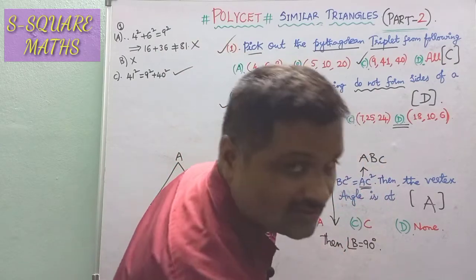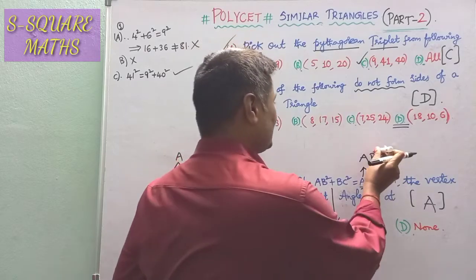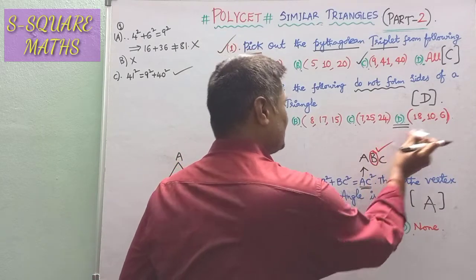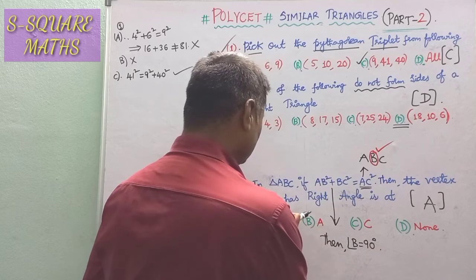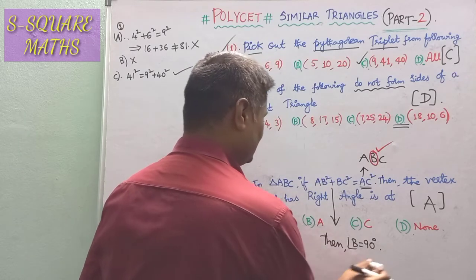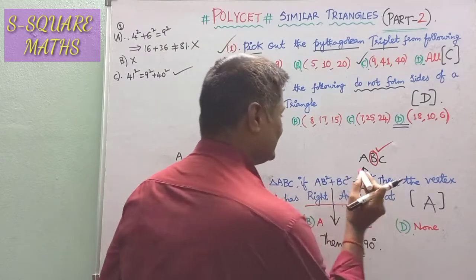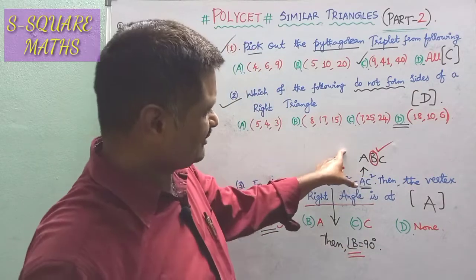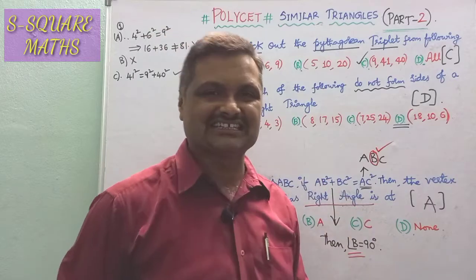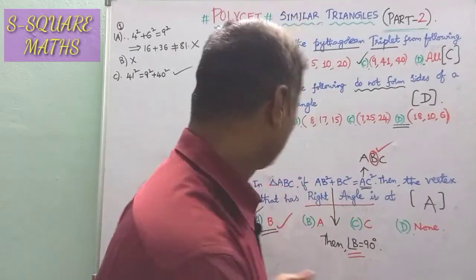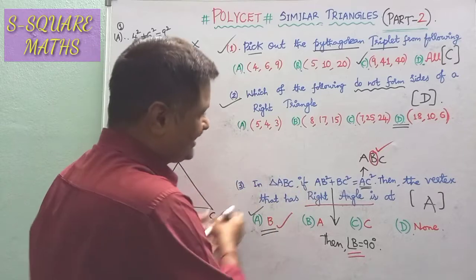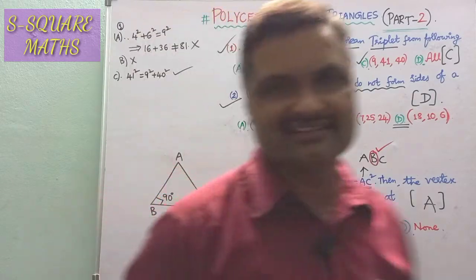The one which is absent will act as the vertex. So here angle B is 90 degrees, then the vertex that has the right angle is B. This is nothing but a shortcut, a tip, a trick. No need to go for a diagram or apply the converse of Pythagoras theorem.